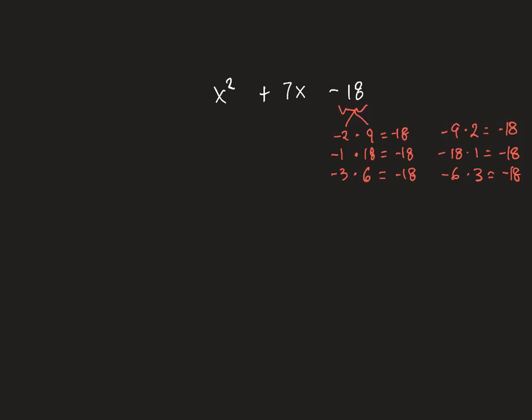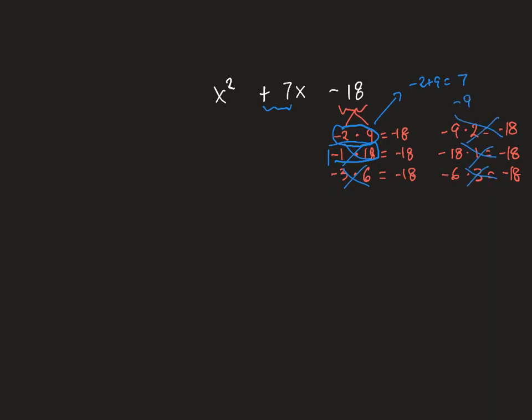Now, let's take a look at what will satisfy this clause. I want to get plus 7. Well, negative 2 plus 9 is 7. Hey, that worked right away. Let's take a look at the rest just to make sure. Negative 1 plus 18 is 17. Nope, doesn't work. Negative 3 plus 6 is 3. Nope, doesn't work, and so on.